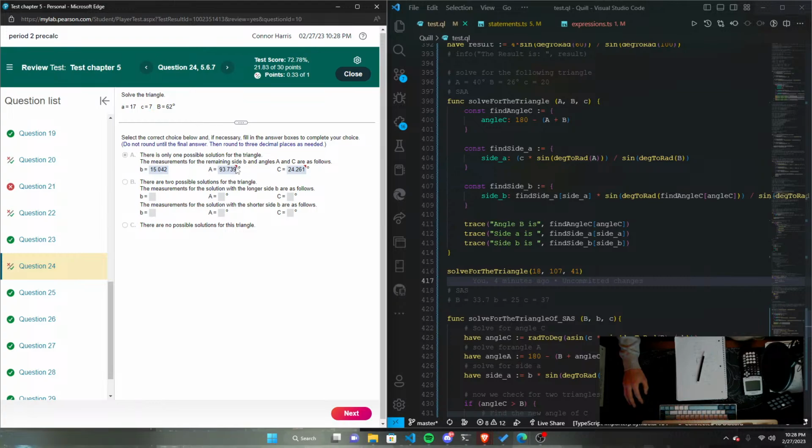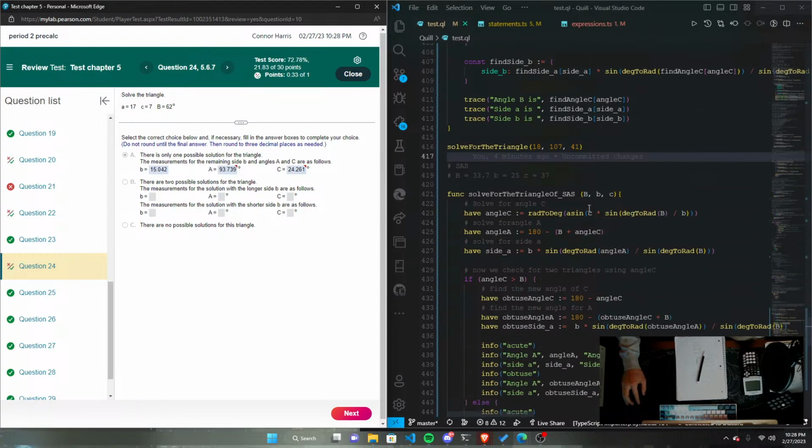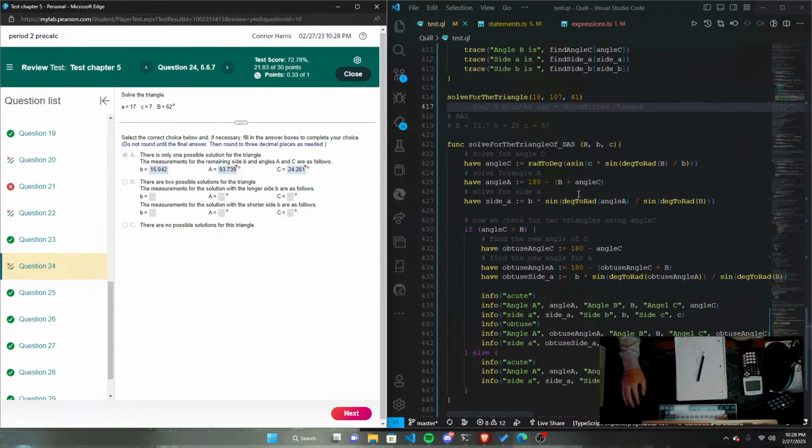Okay, hold up. What's wrong here? I don't think so. What is that? That's side angle or angle side, which we did here. No, it's angle side or side angle.